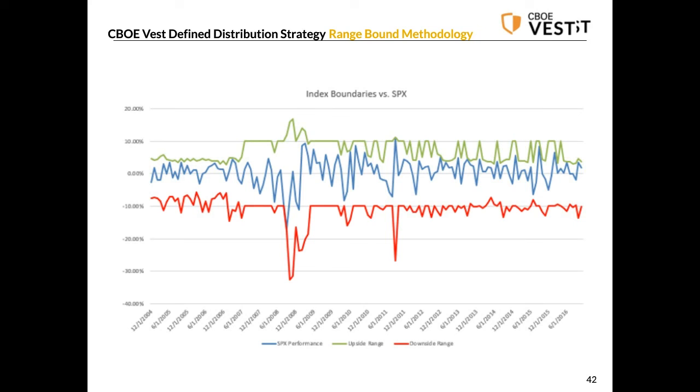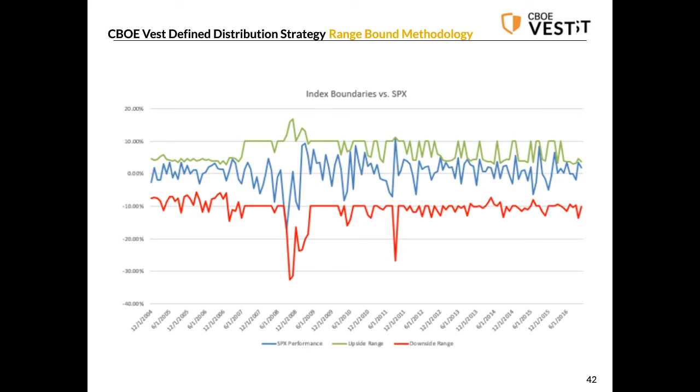There is a maximum of 3% a month that would be the limit of the target, and so there are some months in 2008 and 2009 when volatility was very, very high that you could realize even more than 3% a month. So there is a cap on the amount of income.